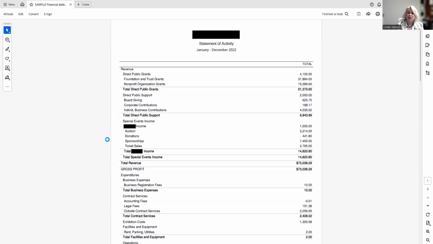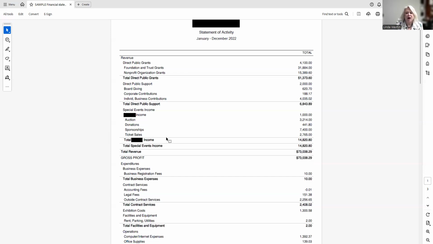If your organization is smaller, maybe it's every quarter, but it's like looking at your checkbook, at what money's come in and what's come out, to see whether or not you are making a profit. Now, I know you're a nonprofit organization, but nonprofits still have to make a profit or there's no money set aside for a rainy day. So let's look at this one a little bit more carefully.